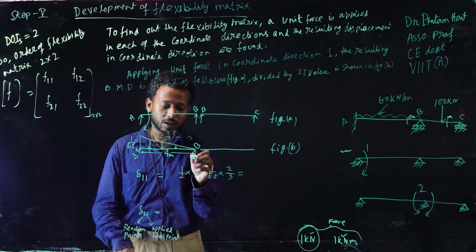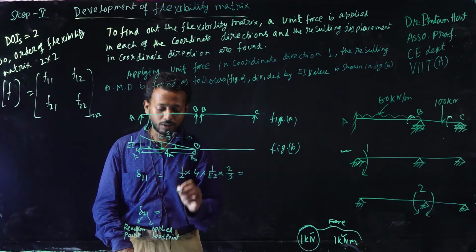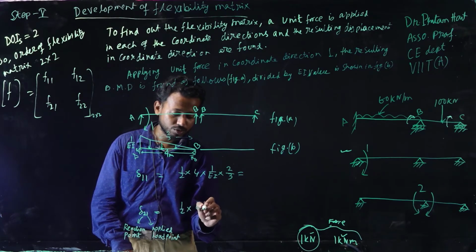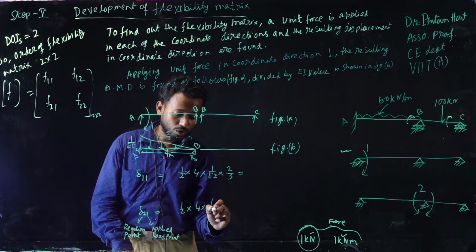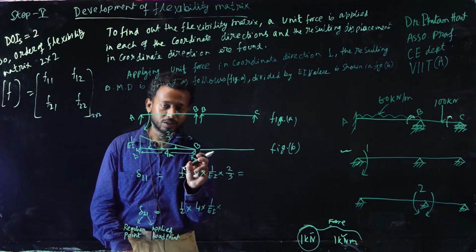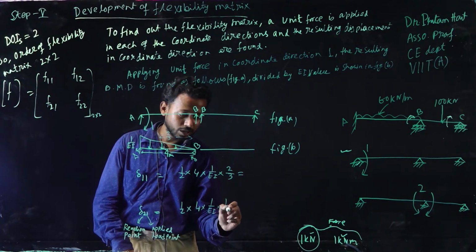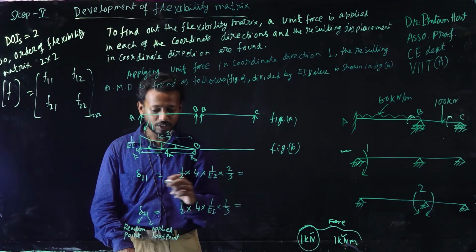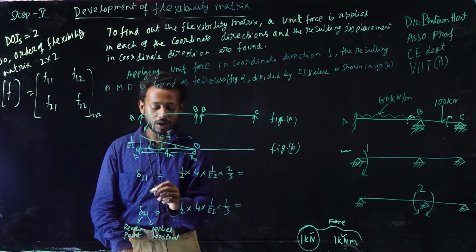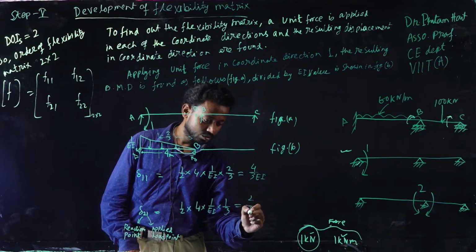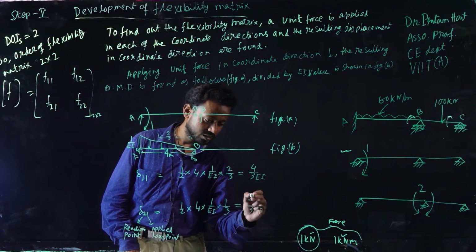That means I have to calculate RB. So RB equals half into base into altitude into, while you are calculating RB, multiply 1/3. So I will multiply 1/3. In this way I can calculate delta 11 and delta 21. Okay, this is 4/3 and this is 2/3 EI.